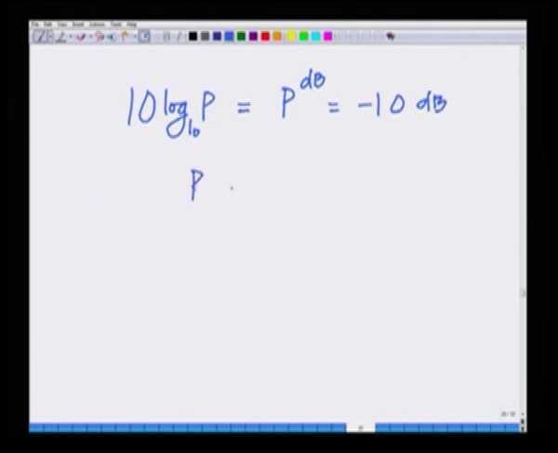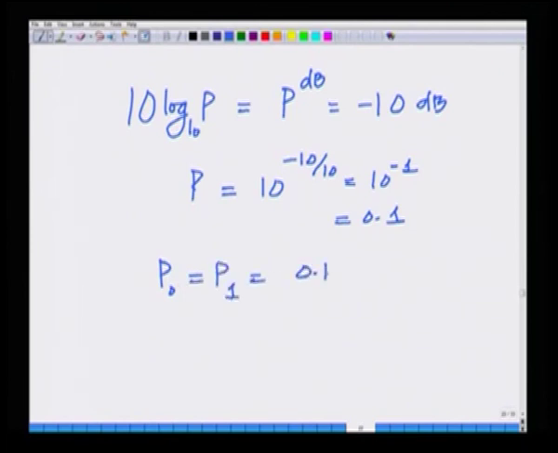Hence, power is nothing but 10 to the power of minus 10 over 10, or 10 to the power of minus 1, equals 0.1. Hence, minus 10 dB power corresponds to linear powers P0 equals P1 equals 0.1.